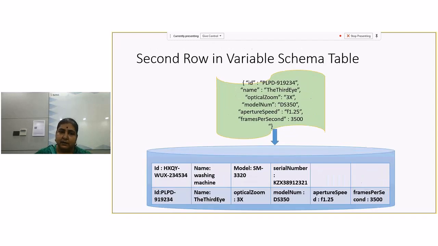When the next object comes in, it has a few other different properties which do not exist in the column definition. At runtime, the schema of the table is extended in the backend, and when the columns for those corresponding properties are created, the data is stored in the database.